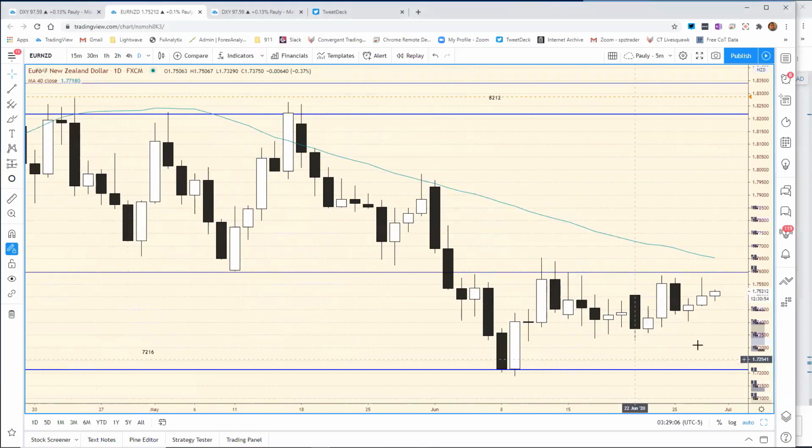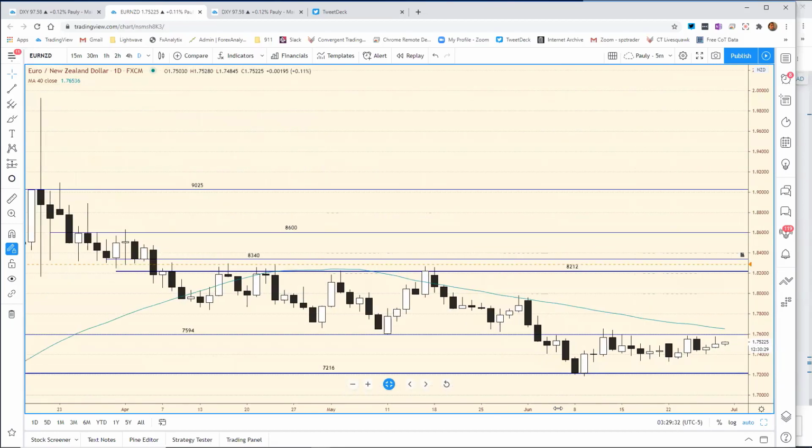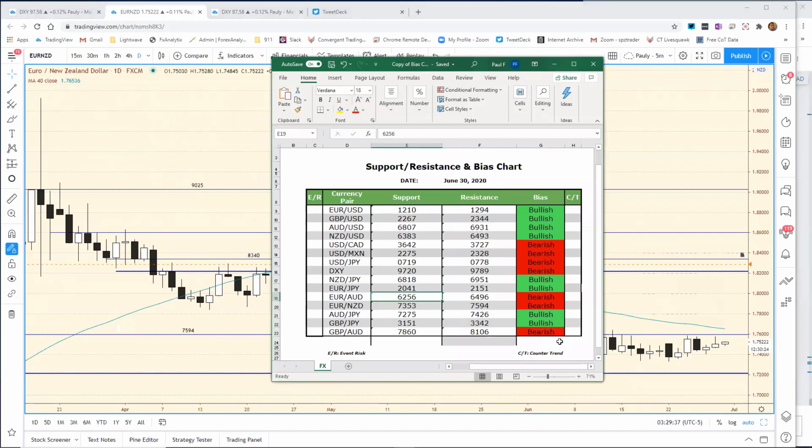Look at this range we're in, 74.81. So trading essentially a 65 pip range, and we're used to a little bit wider ranges in here. So no changes. Euro Kiwi 73.53 with 75.94 on the upside.